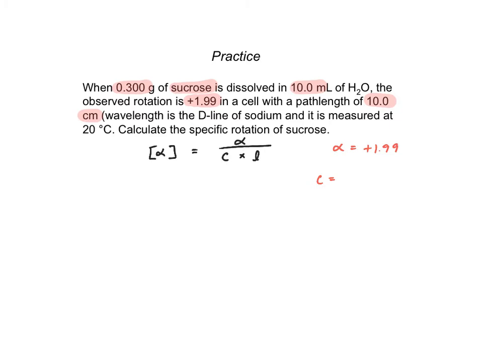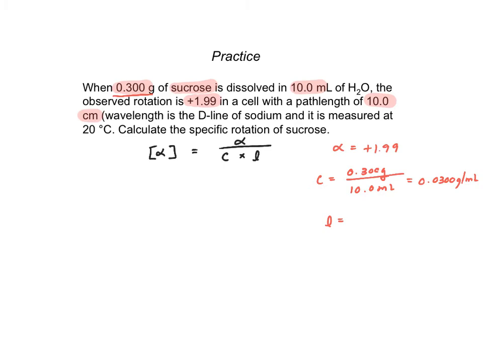Grams per mL. So I do have my grams over here. We have 0.300 grams. What is the volume of the solution? 10 mLs. So we'll have to calculate that. It ends up being 0.3 divided by 10, 0.03 grams per mL.